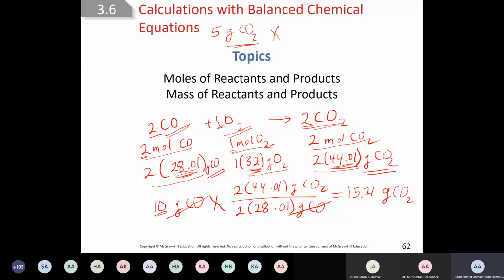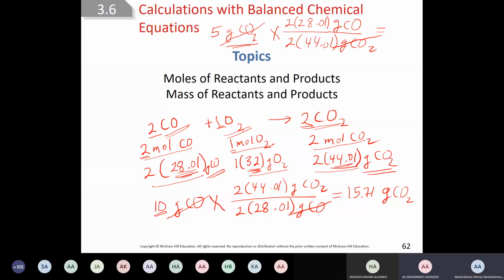So I should multiply it by what? And divide by what? Multiply by 2 times 28.01, gram CO, and at the bottom, 2 times 44.01 gram CO2. Get rid of this unit with this unit, and you have the answer.